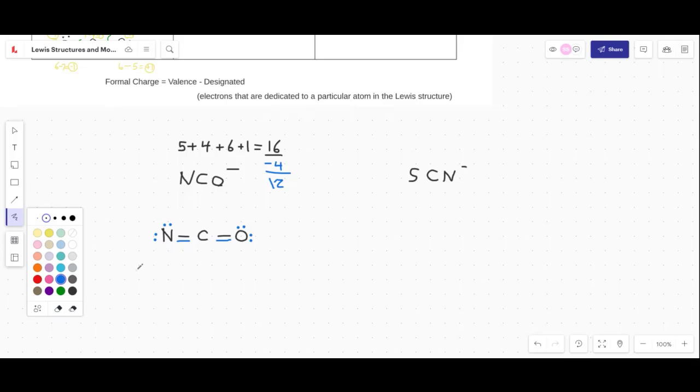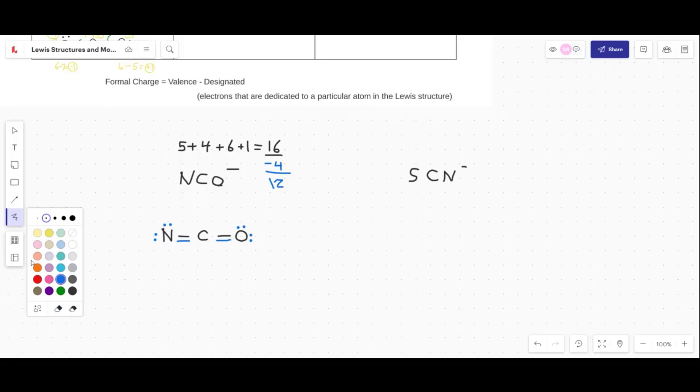Now everyone's happy, right? Looks awful similar to the one you just did. The only thing is that this molecule is not symmetrical. So we're going to go ahead and draw our remaining resonance structures.